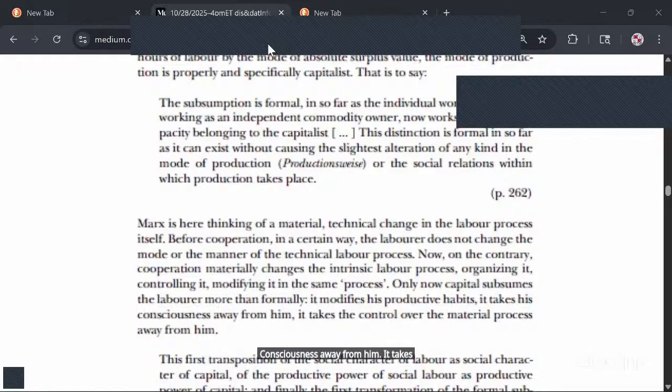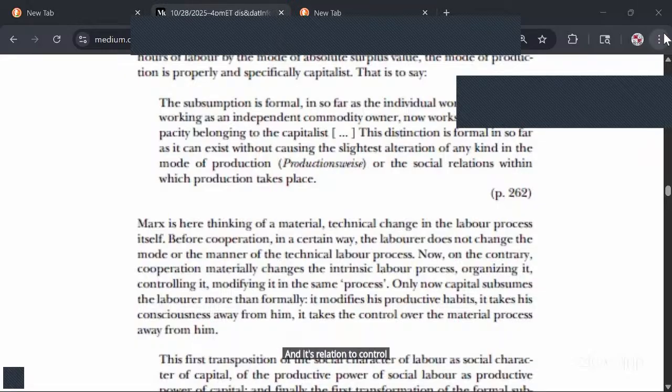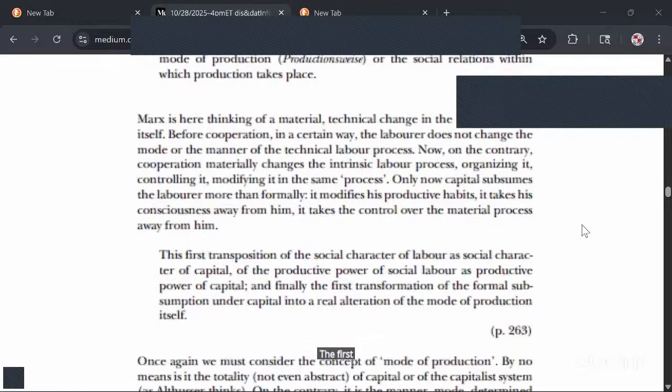It takes the control over the material process away from him. So it is about converting this question of consciousness relative to labor power in its relation to control. Anyway, back to Marx, quote, the first transposition of the social character of labor as social character of capital, of the productive power of social labor as productive power of capital.